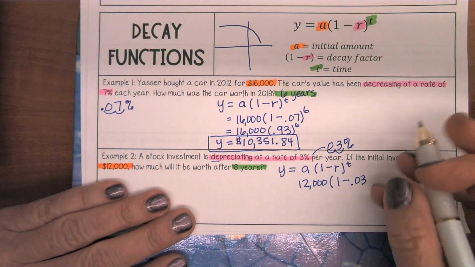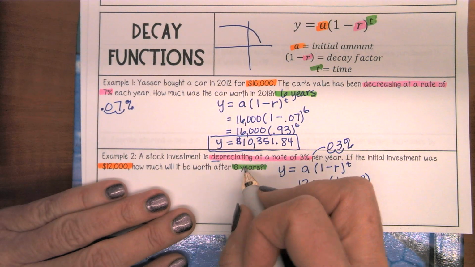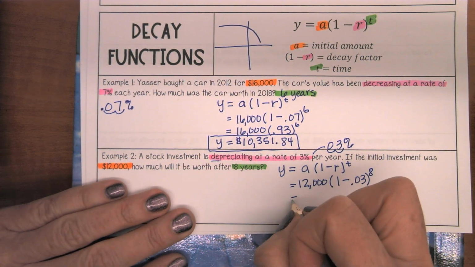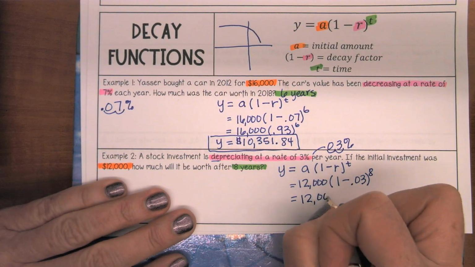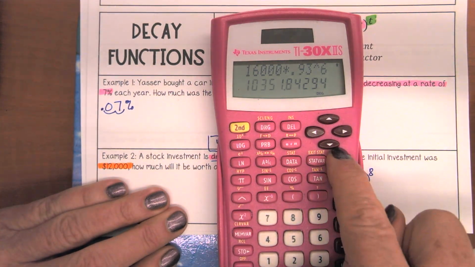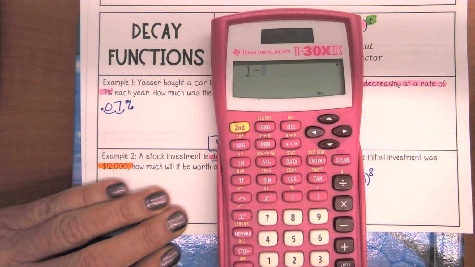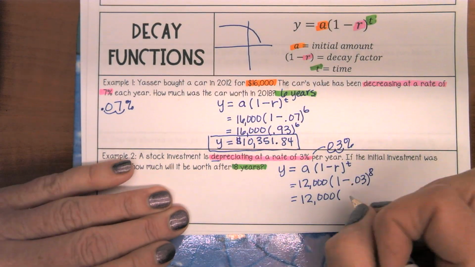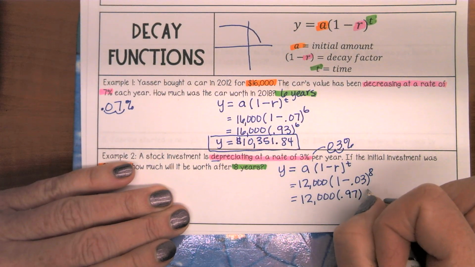And then my time is 8. Now I am going to do the math on the calculator just because I want to make sure I am doing this correctly. 1 minus 0.03 is 0.97. 0.97 to the 8th power.